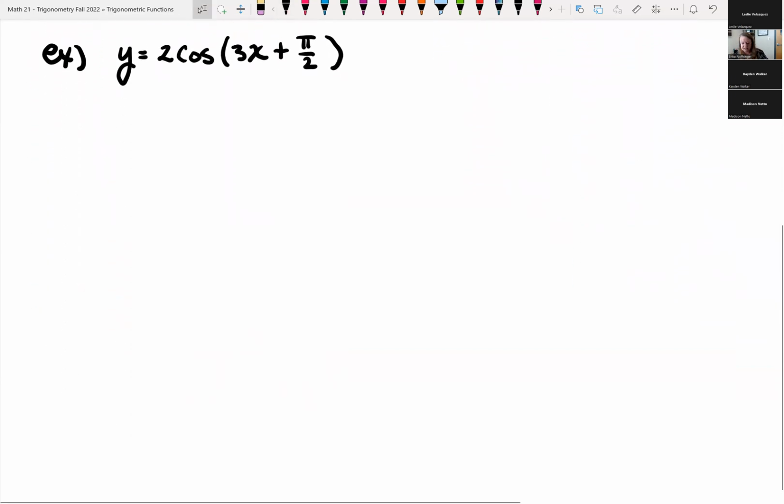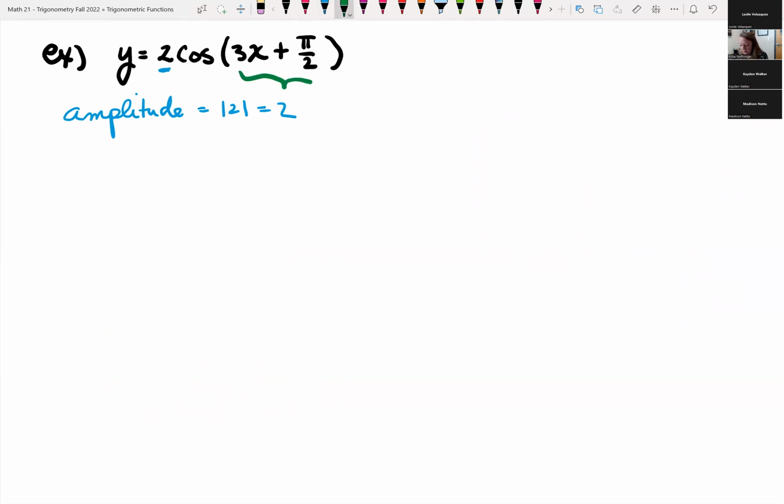Okay, so looking at this, I can see what my amplitude is. I have an amplitude of absolute value of 2, which is 2. My period I can find by taking my argument, which is 3x plus pi halves, and sandwiching that in between a normal period cycle between 0 and 2 pi.